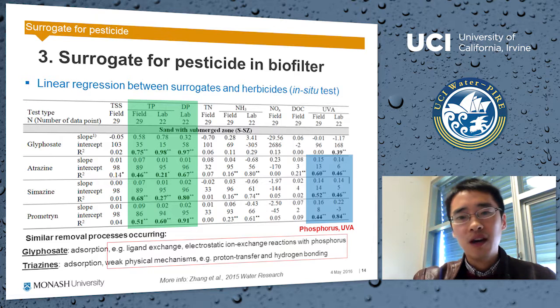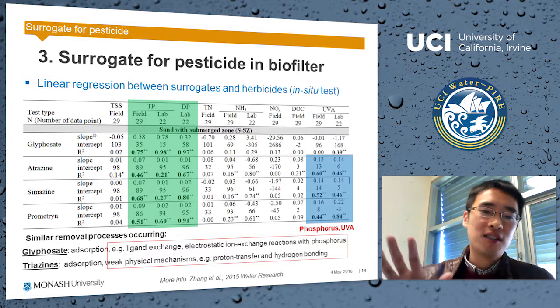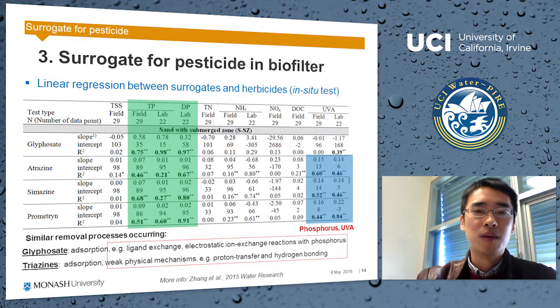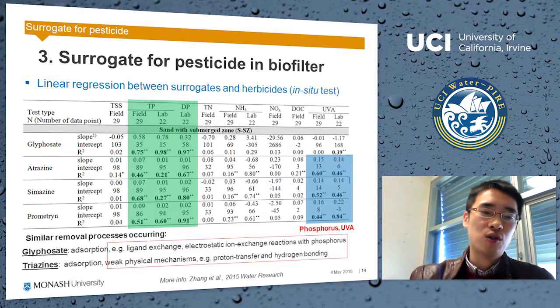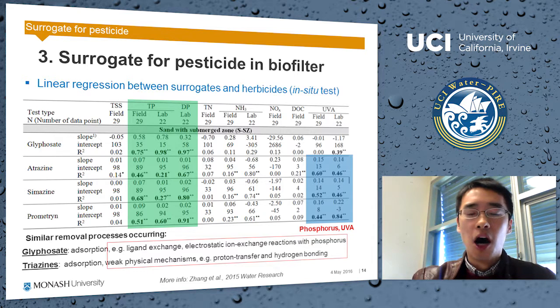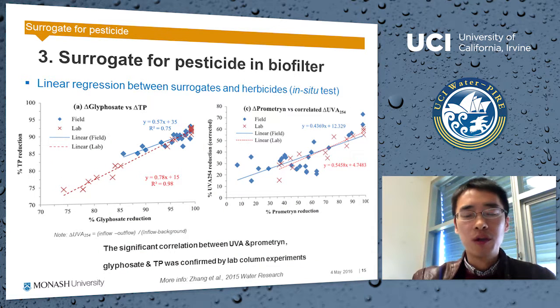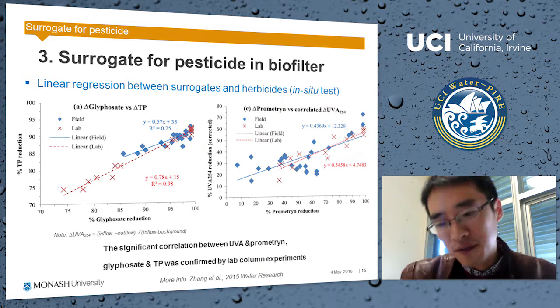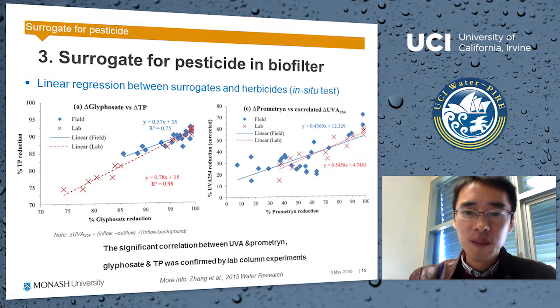We think that because of similar processes occurring for the potential surrogates and the pesticides, the reason that makes them significantly correlated is especially the adsorption process during the rainfall event. And back in the laboratory, I'm on slide 15.